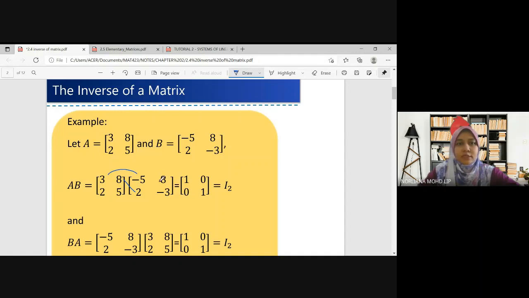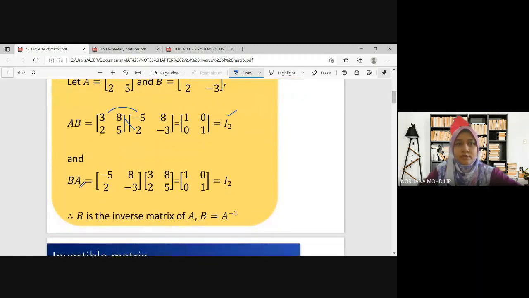And 3 times 8 plus 8 times negative 3, we get 0. 2 times negative 5 plus 5 times 2, 0. And then 2 times 8 plus 5 times negative 3, we get 1. So this matrix is the identity matrix.